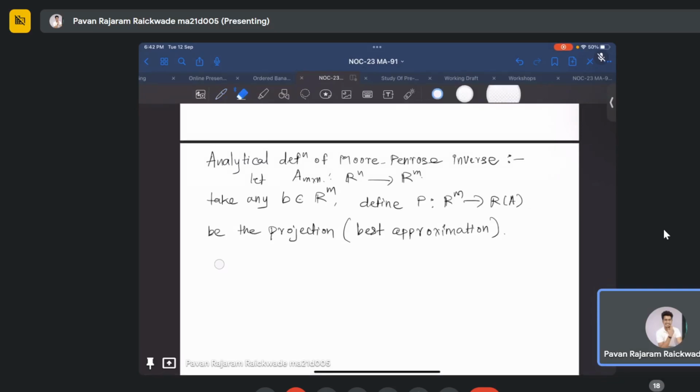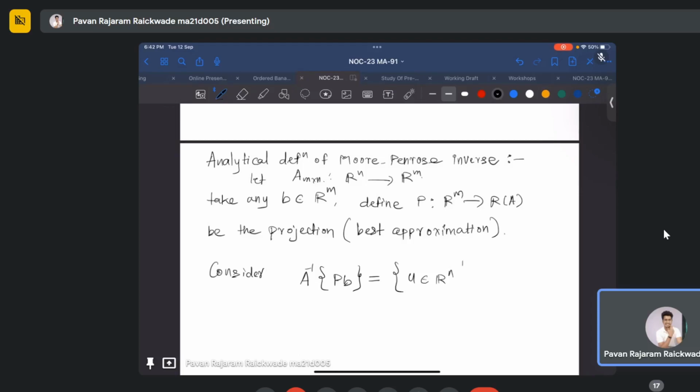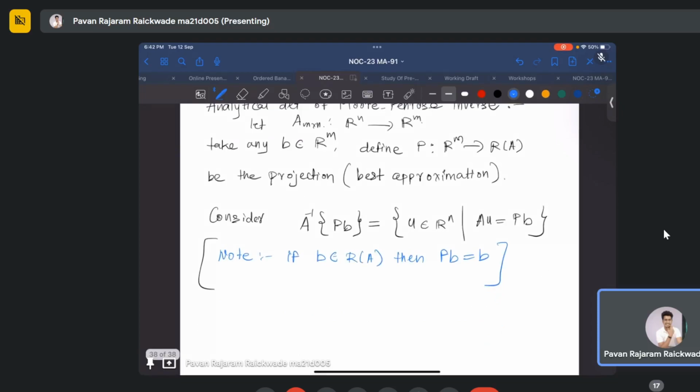Now, what you do is you consider A inverse of the element PB, which is the set of all U belonging to Rn such that AU is PB, right? The point to notice is, if B belongs to the range of A, then PB equals B, right? That's what a projection means. It acts as identity on the range space.